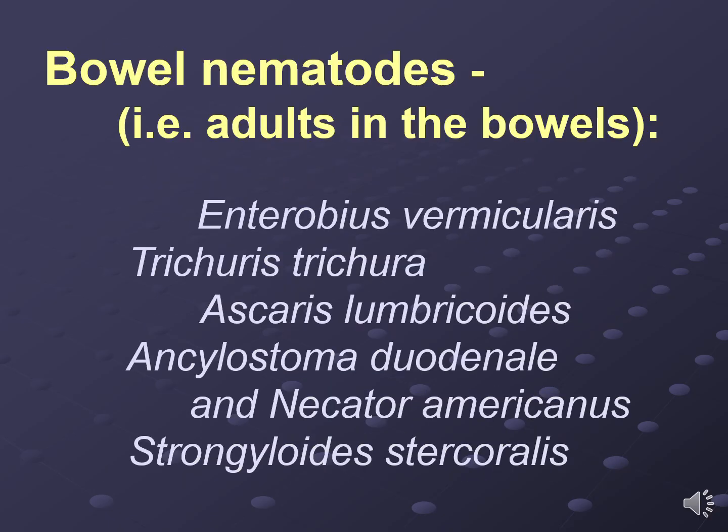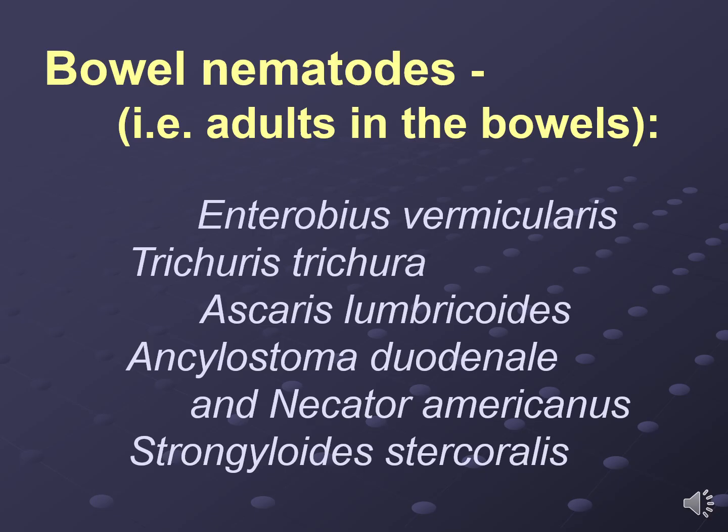Okay. Some names of those medically important nematodes, the bowel nematodes. Those are worms which occur within the bowels, inside the bowels. We have Enterobius vermicularis, Trichuris trichiura, Ascaris lumbricoides, Ancylostoma duodenale and Necator americanus, and Strongyloides stercoralis.